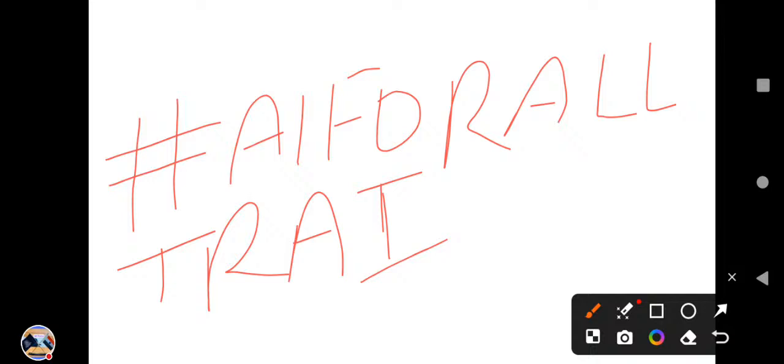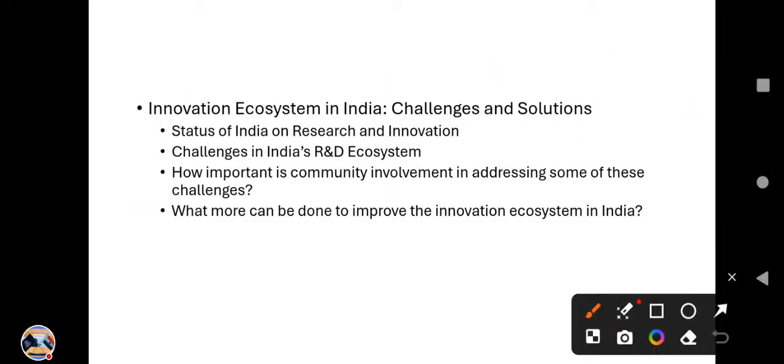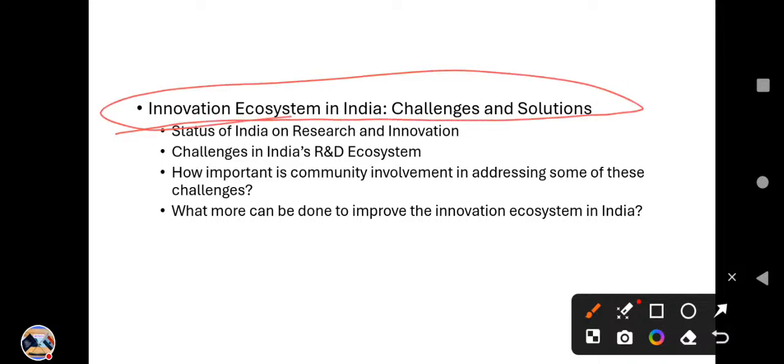Okay. Next topic is related to the innovation ecosystem in India, its challenges and what will be the solutions to increase or move the innovative ideas or innovative ecosystem in India.